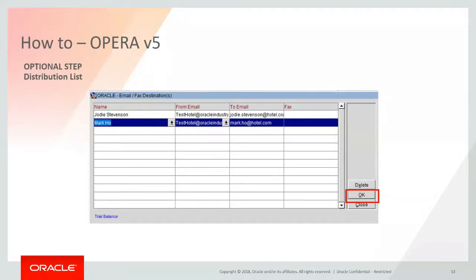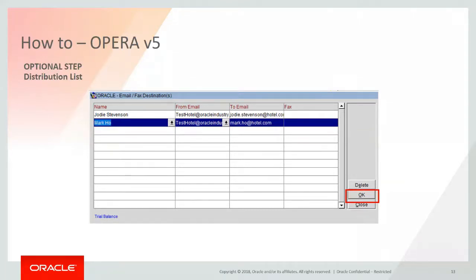If we have selected that we wanted fax or email on that first report selection screen, then we will get this extra step where we get a destinations pop-up. On the name field, we can type the name of the recipient of the email or look it up from our Opera profiles in case we need to send this to a customer or a guest.